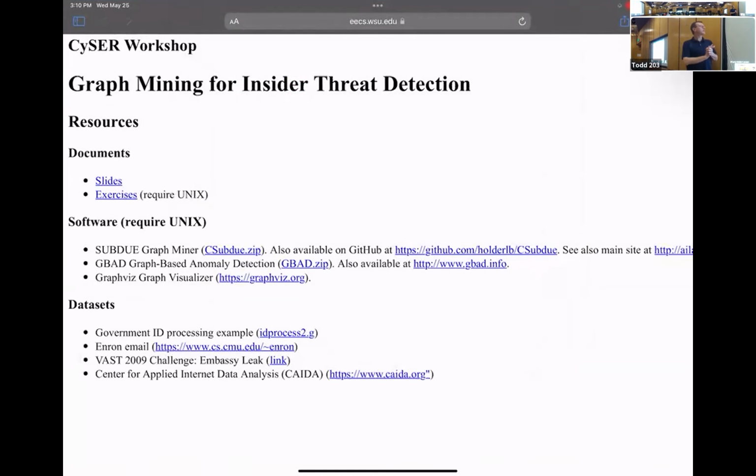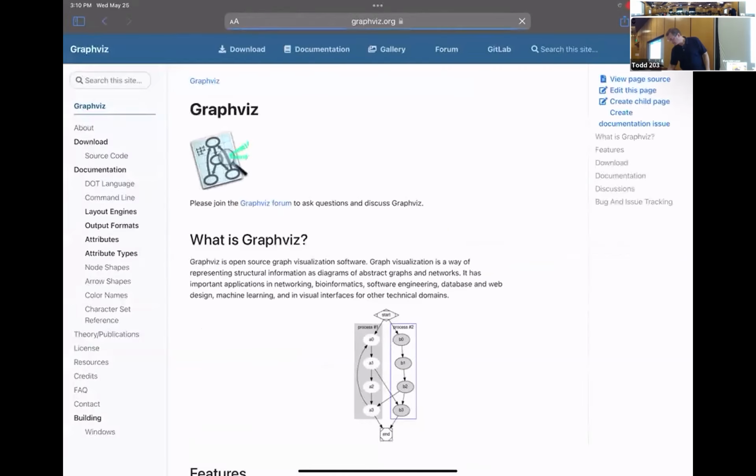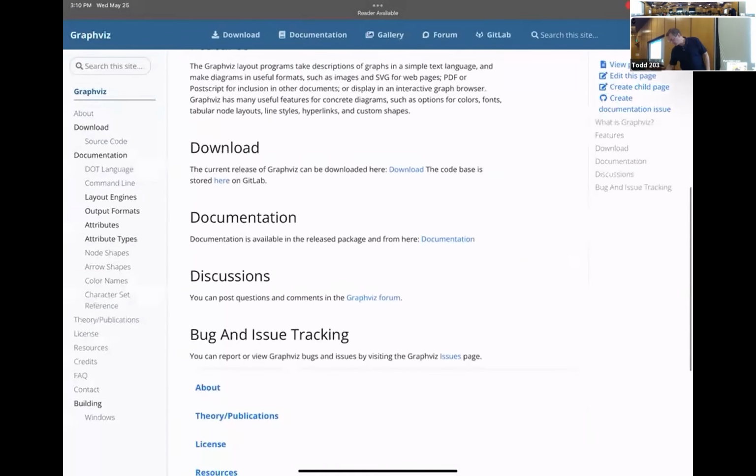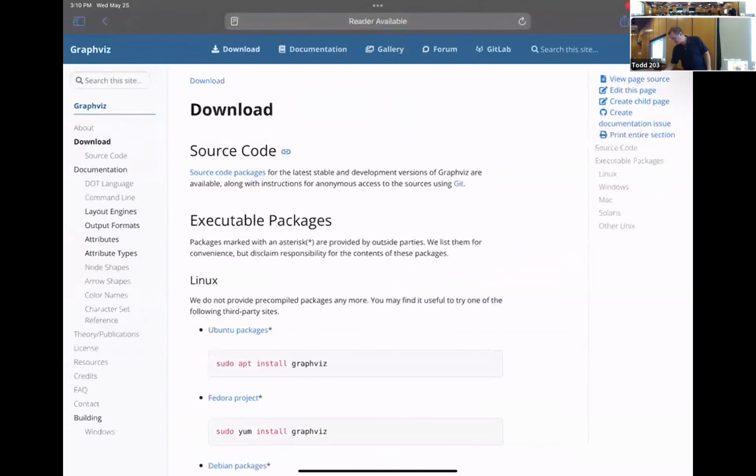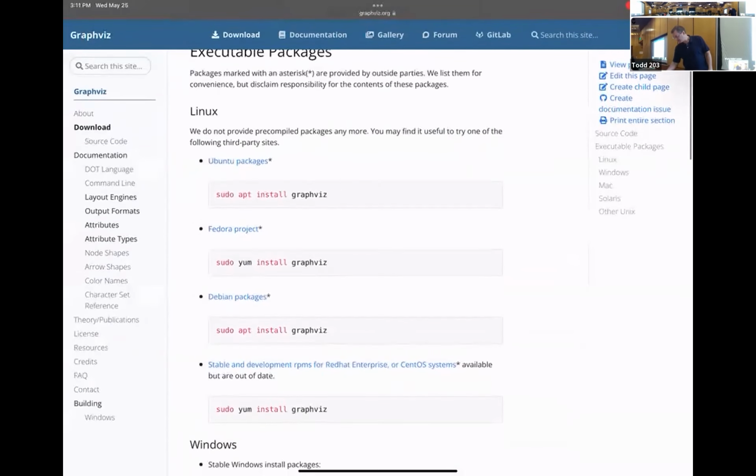The one tool that we'll need that is not mine is a graph visualizer, and you can go to this website to find it. If you're following along using the AWS, go to the download link.